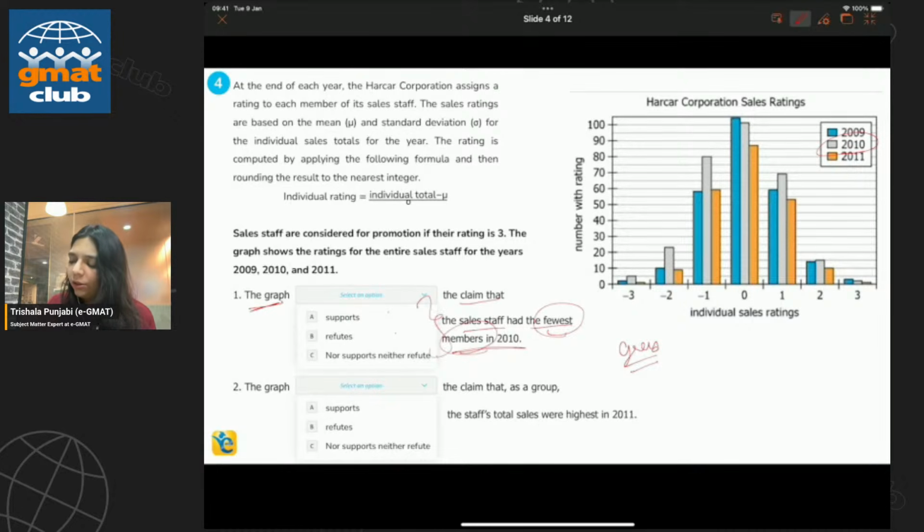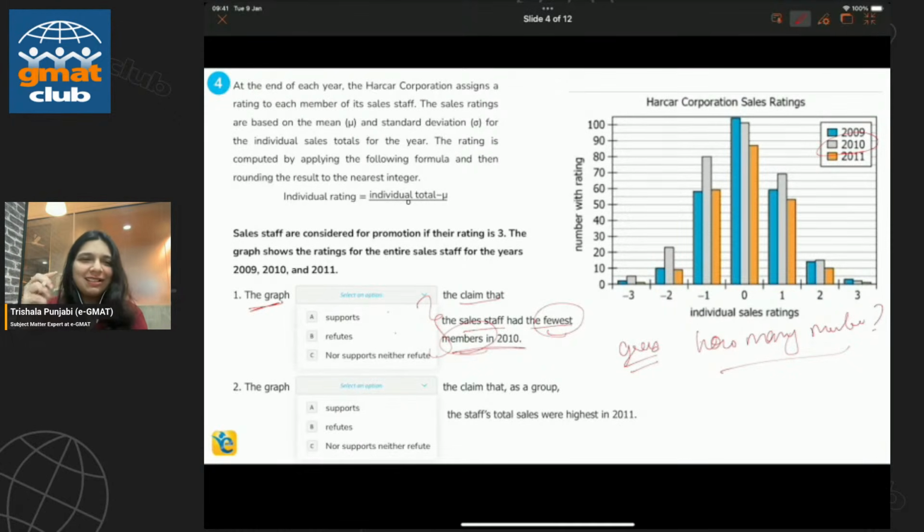So before we even go here, can we infer how many members there are from this chart? Yes or no? Yes, Priyanka, correct. Yes, Aditi. The wording is weird, number with rating. Yes, makes sense.